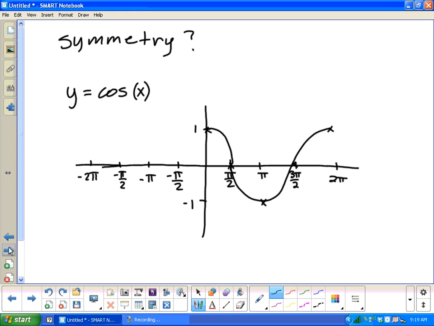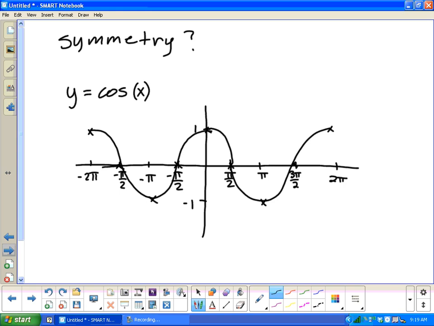It would go down to 0, then -1, 0, and 1. Let's see if y'all can recognize any symmetry here. Right, cosine is going to be symmetric with the y-axis. Secant is also going to be symmetric with the y-axis.